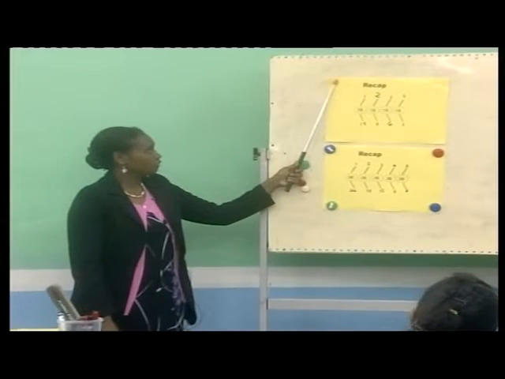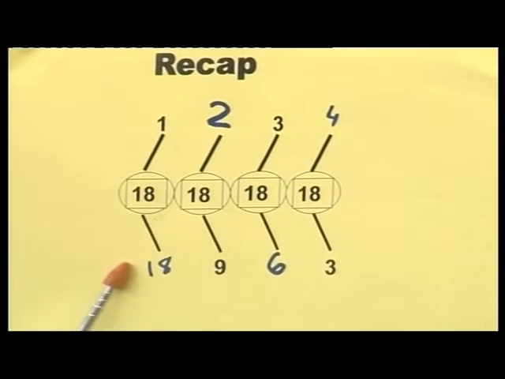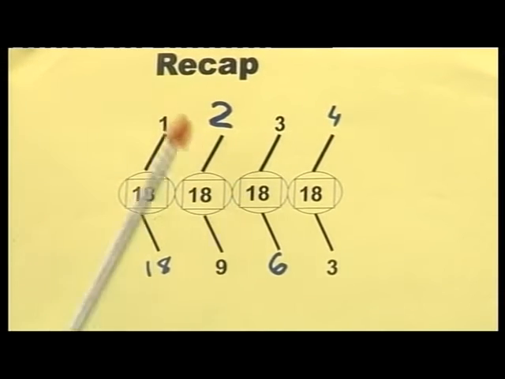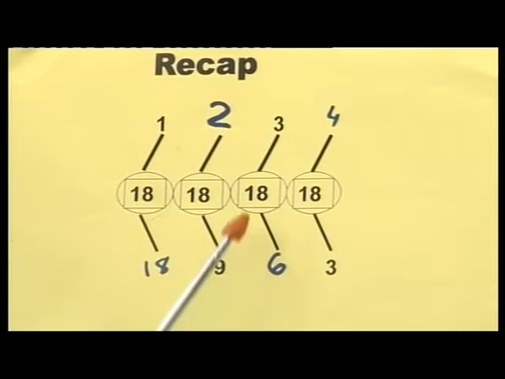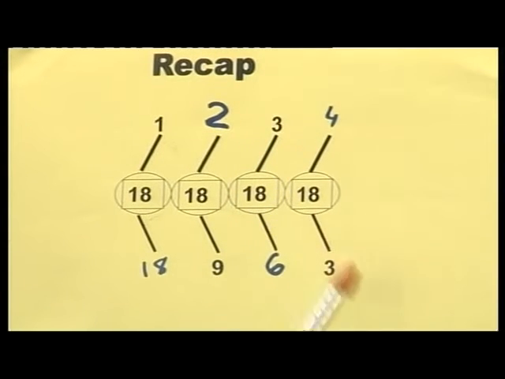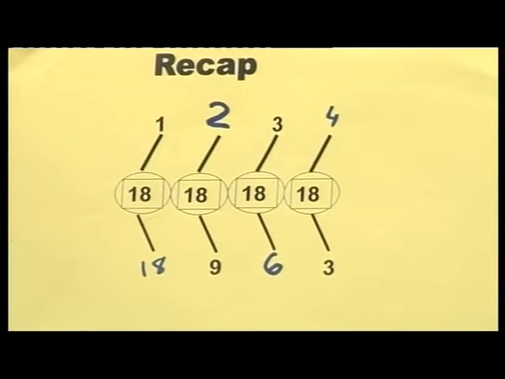Okay, the factor pillar of 18, the missing numbers were, we have the first two, which is 1 times 18 is equal to 18. 2 times 9 is equal to 18. 3 times 6 is equal to 18. 4 times 3 is equal to 18. No. Now class, what would be a factor multiplied with 3 to give us 18? Let's correct our friend.